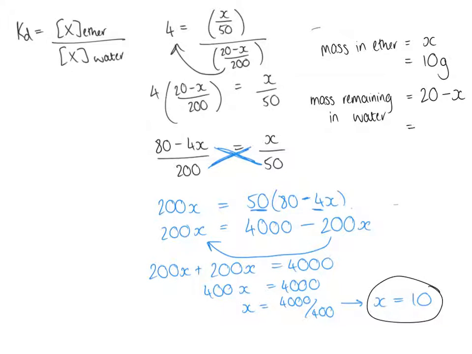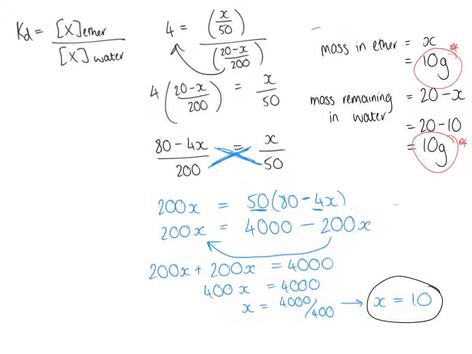So it's 20 minus X, which is 20 minus 10, which is 10 grams. Obviously, the mass remaining in the water plus the mass in the ether need to add up to the total original mass of X that we added in. So we added 20 grams of X originally. What we're saying is that 10 grams has been extracted into the ether, which leaves 10 grams remaining in the water.